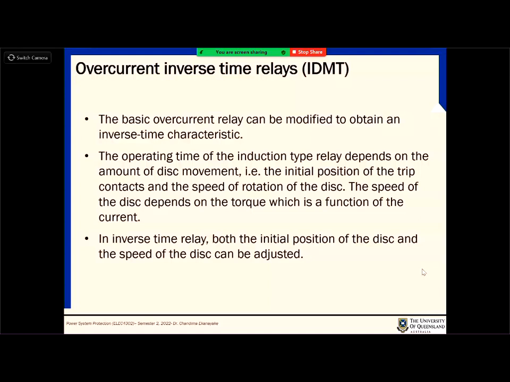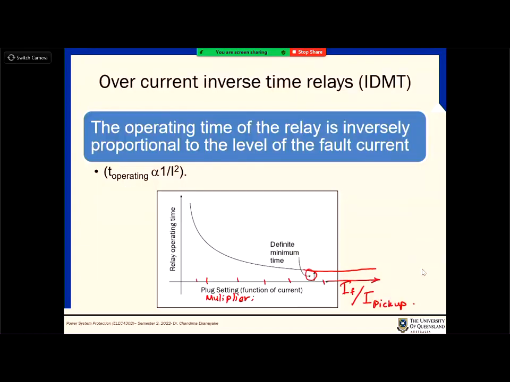If you look at the characteristics, it's like that. With increasing current, we will look at the multiplier and the other standard terms later, but for the time being, think that the fault current is increasing. When the current increases, the time reduces, but only to a certain level.